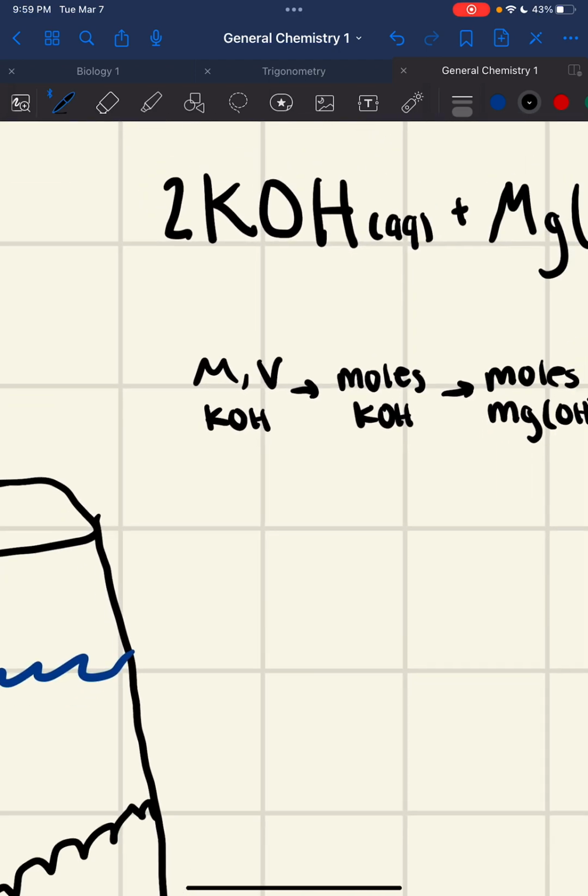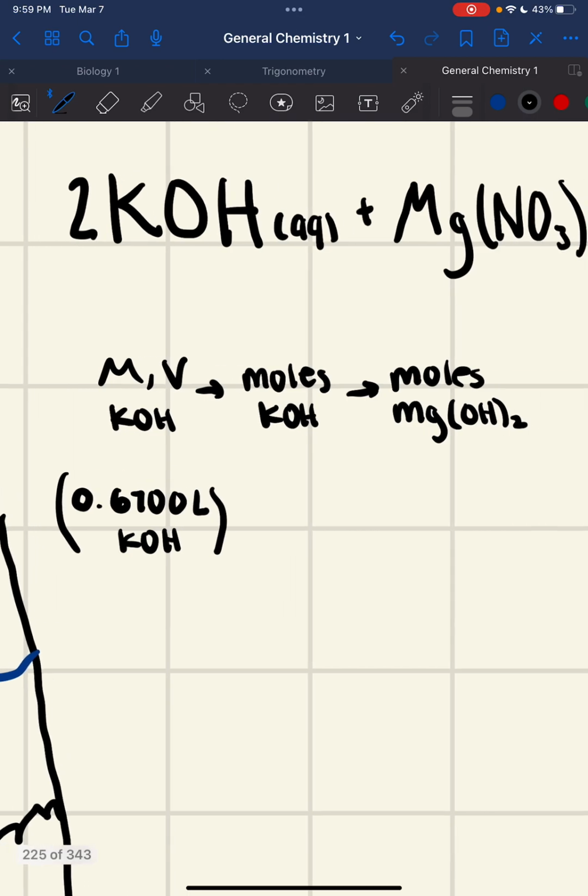All right, so that's going to be our 0.670 liters of KOH, and then that's our volume, so we're going to multiply that by the molarity too.